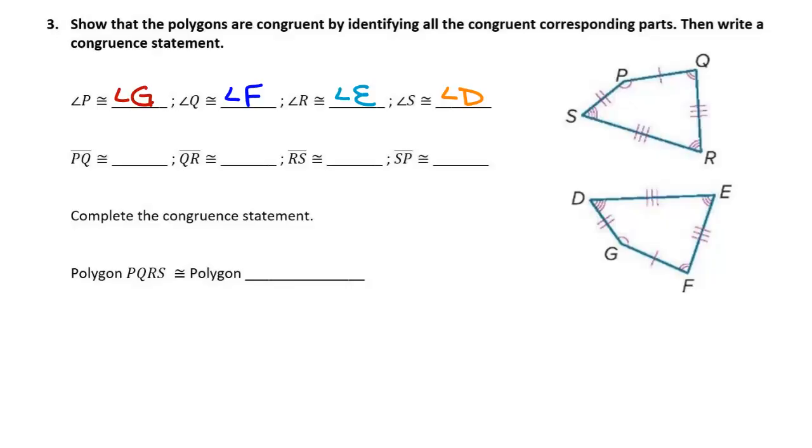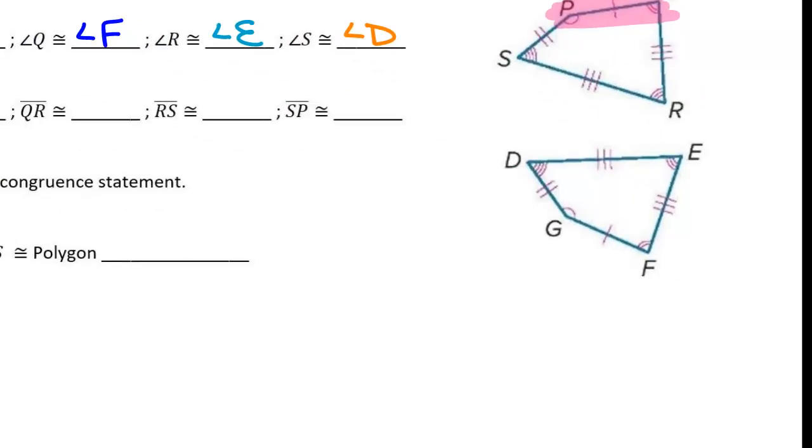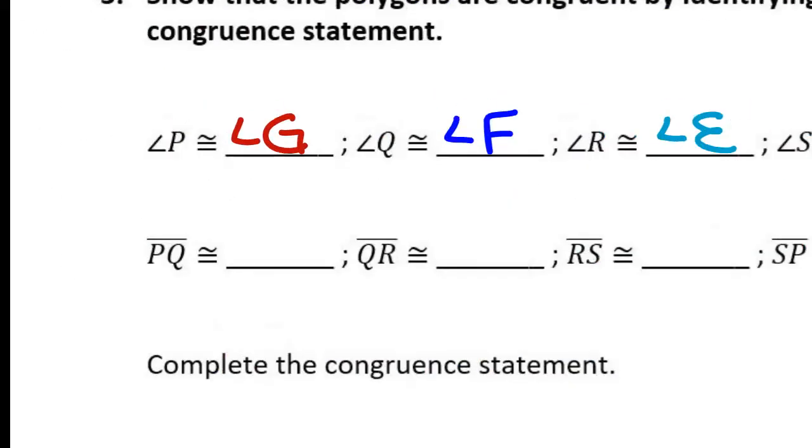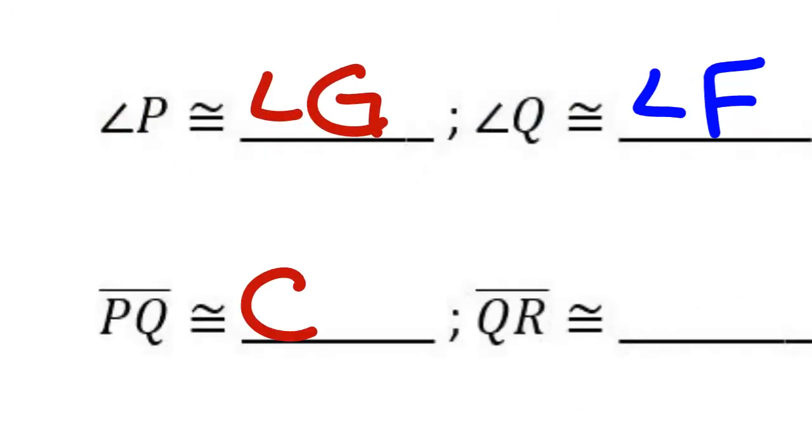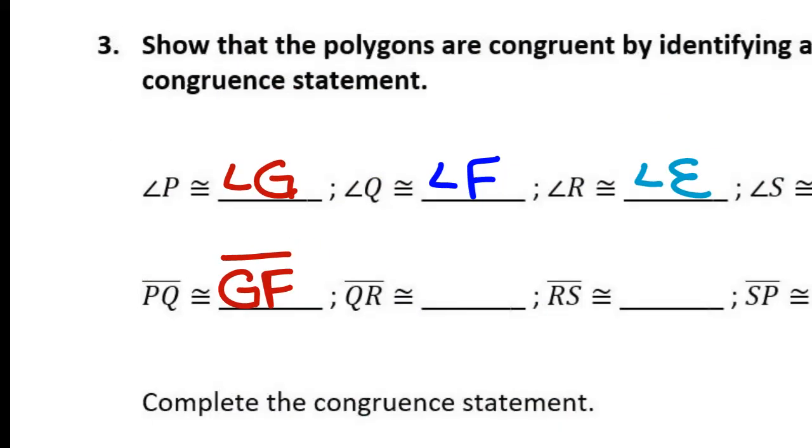Now we're going to do our sides. Side PQ has 1 congruence marking on it. What does that correspond to on the other polygon? GF, right down here, has 1 congruence marking on it. So PQ is congruent to GF.